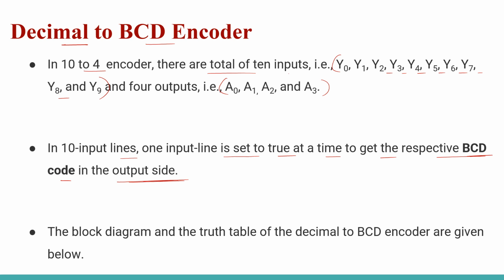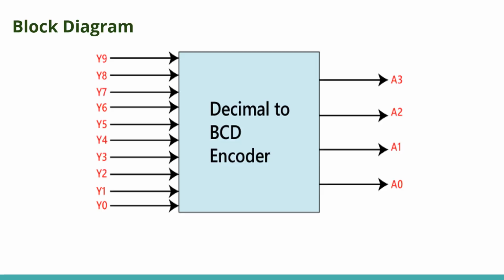Next, the block diagram and truth table of the decimal to BCD encoder, in the same manner as earlier, are shown below. Here the number of inputs is 10 and the number of outputs is 4, those are A0, A1, A2, A3.